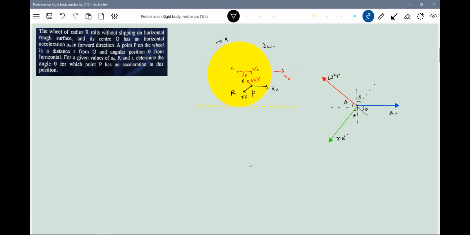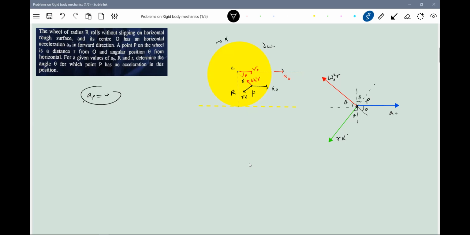Determine the angle theta. I think we can just resolve. Very simple problem. Acceleration of point P must be zero. For that, along the x and y axis, the resultant acceleration of point P must be zero. Centripetal acceleration, tangential acceleration, and this is the linear acceleration.